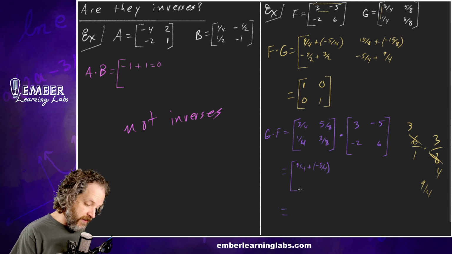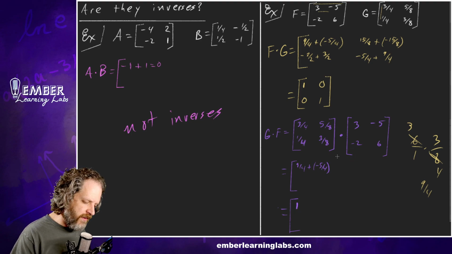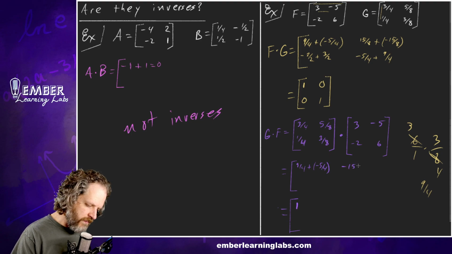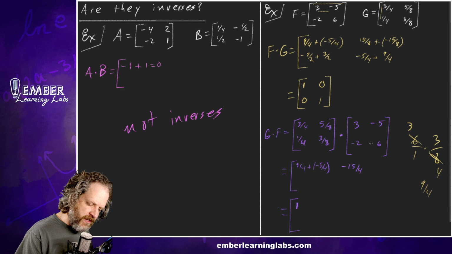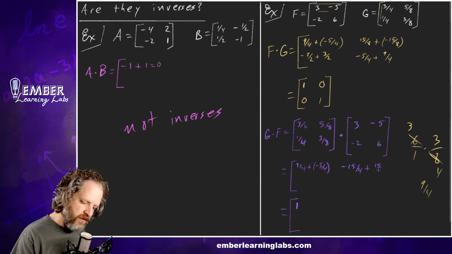So that is 9/4 plus -5/4, which is 1. So that works. So 3/4 times -5 is -15/4. And then 5/8 times 6 would be 15/4. So plus 15/4. Those two go to 0. Also looking good.